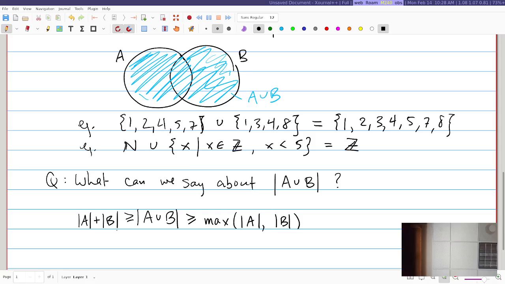If A and B are totally separate, they don't have any overlap at all, then the union is literally everything in A and everything in B, all separate, so the size is just the sum. But if A and B have any overlap, then it's not going to be equal, because you don't count those overlapping things twice.